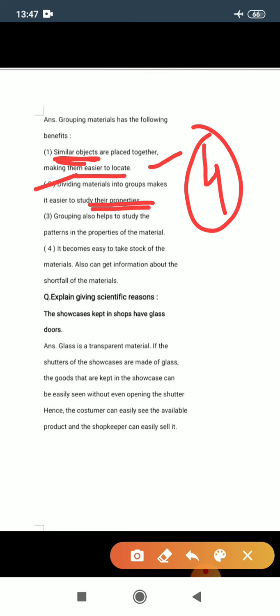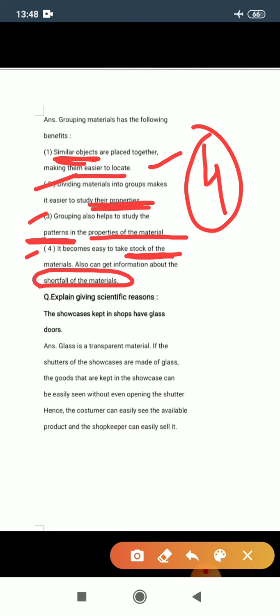Number 3 is, we can also group things into different patterns, because we can easily study the properties of material on the basis of patterns. And in point number 4, we can easily maintain a stock record, and if our stock is short, then we can purchase it soon.